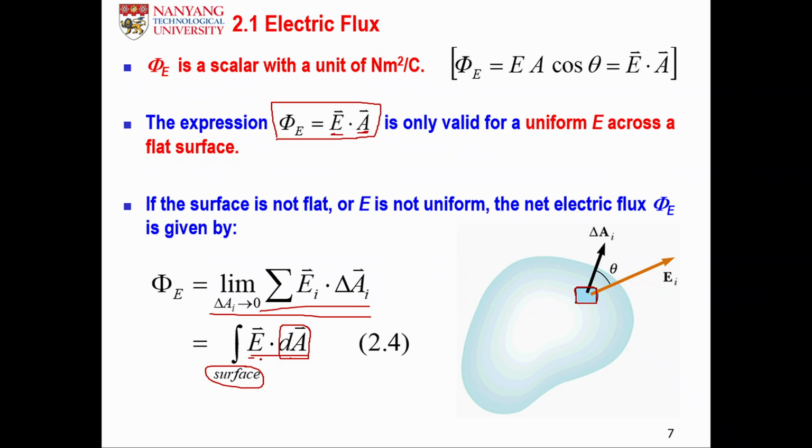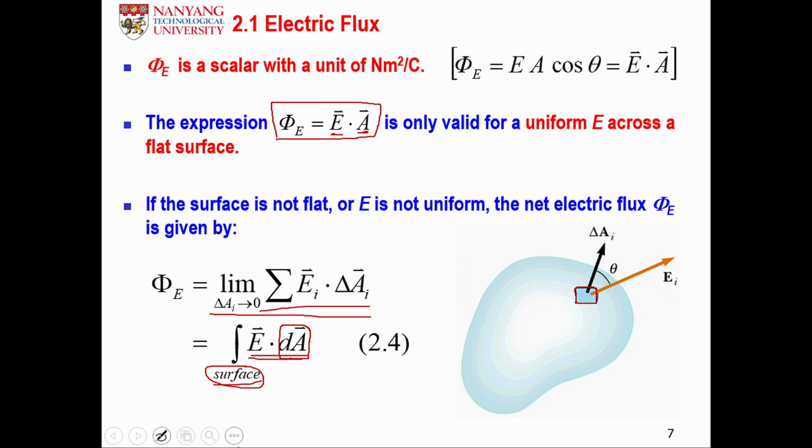Then you can use this formula directly to find the flux for this tiny surface, and you do this integration along the entire surface. The entire surface means this surface. And what you get should be the total flux, right? Of course, the exact type of integration will depend on what kind of surface you have.